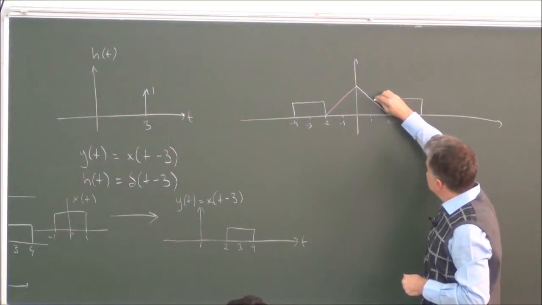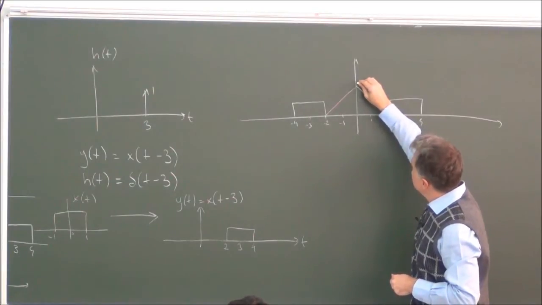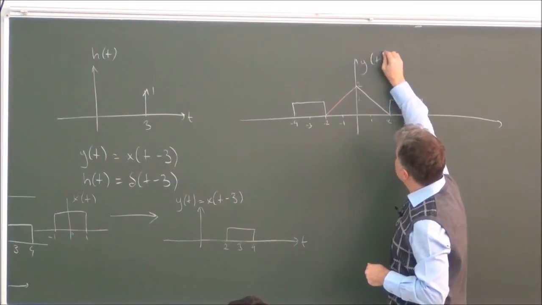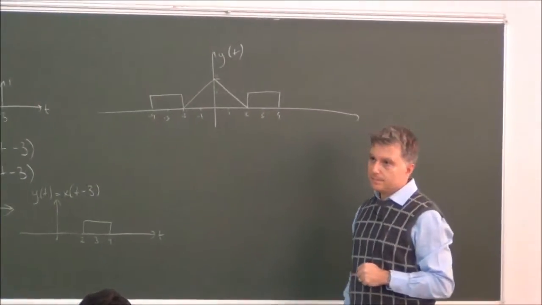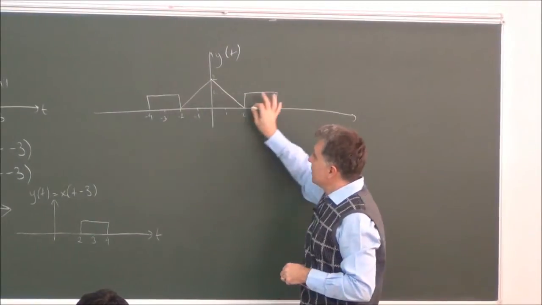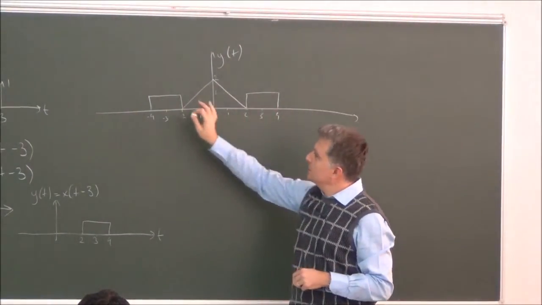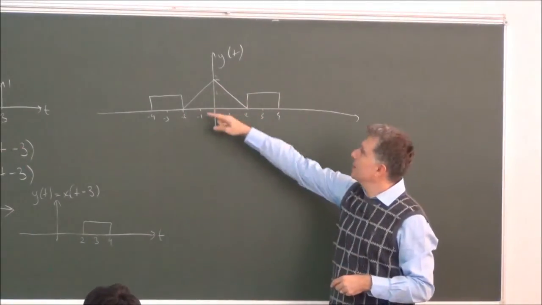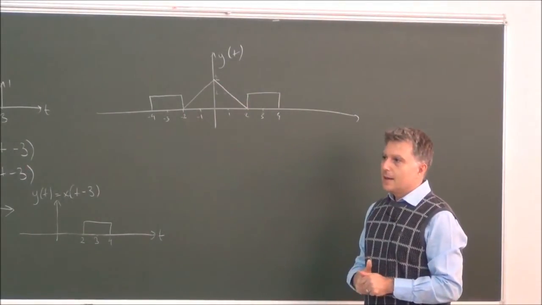This magnitude is 1 and this magnitude is 2, and this is y of t. A combination of two rectangular shapes, one shifted towards right, one shifted towards left, and the convolution of two rectangles is a triangle in between. Okay?